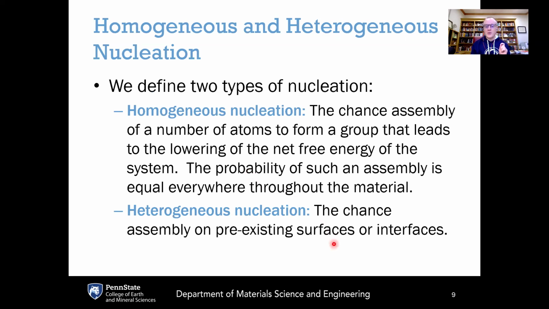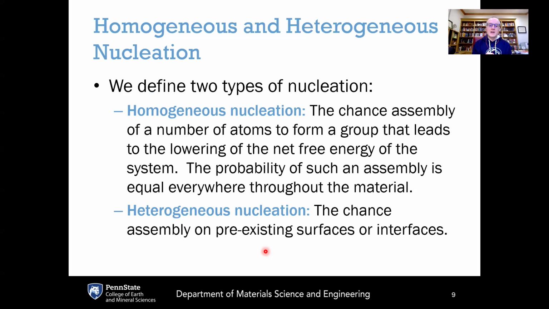interfaces. If you have a surface or an interface, then the type of nucleation that we deal with is called heterogeneous nucleation. So with heterogeneous nucleation, the presence of a surface or an interface can act to lower the thermodynamic barrier for nucleation and therefore can act to accelerate the rate of nucleation.